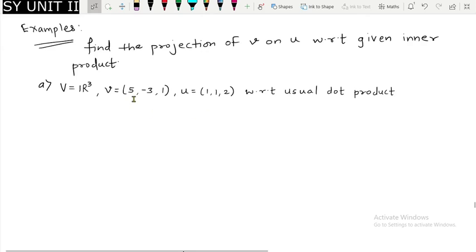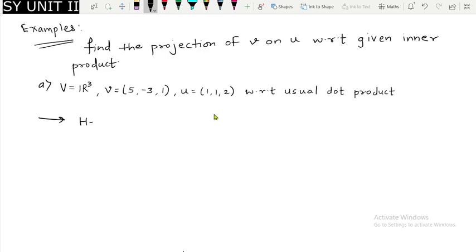Now whenever I say projection of v on u, it means that it is a projection of v on the line passing through the vector u. Is that clear? So in short form, most of the times we say that it is projection of v on u only. So first of all we'll find the unit vector.